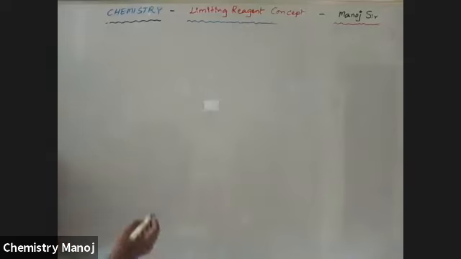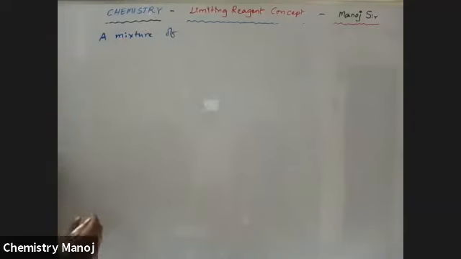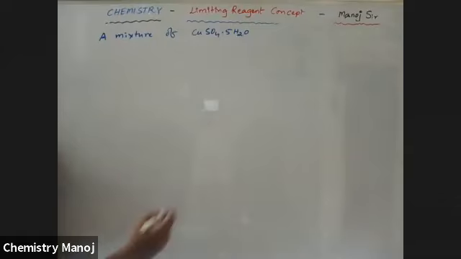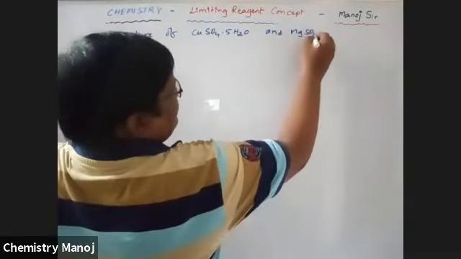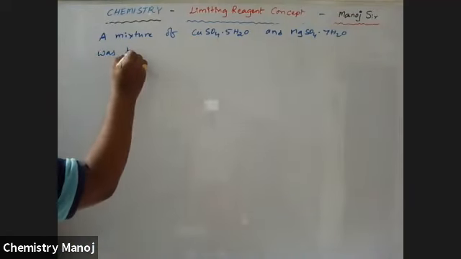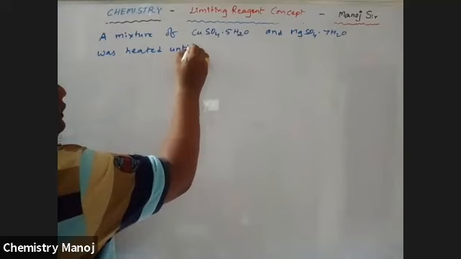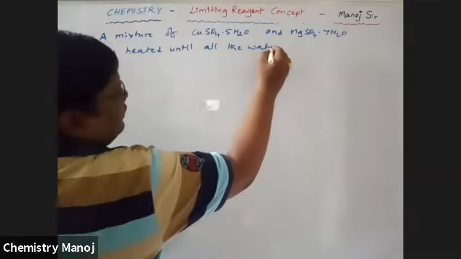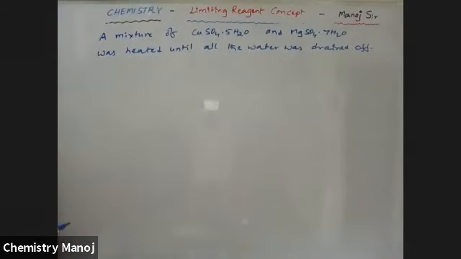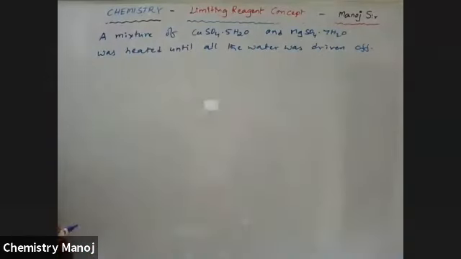Next one, a mixture of CuSO4 5H2O and MgSO4 7H2O, these are hydrated salts, was heated until all the water was driven off.